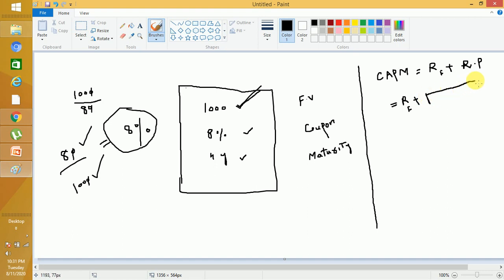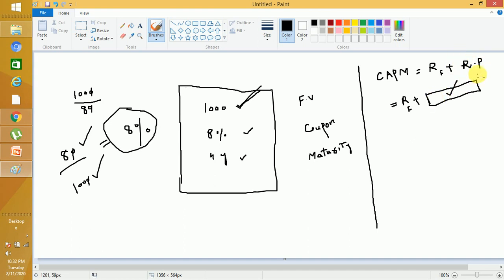If the bond is more risky, you will get more risk premium, and if the bond is less risky, you will get less risk premium. We discussed all these things in the CAPM model. Just go and review that CAPM model, and you will get the answers if you are confused.